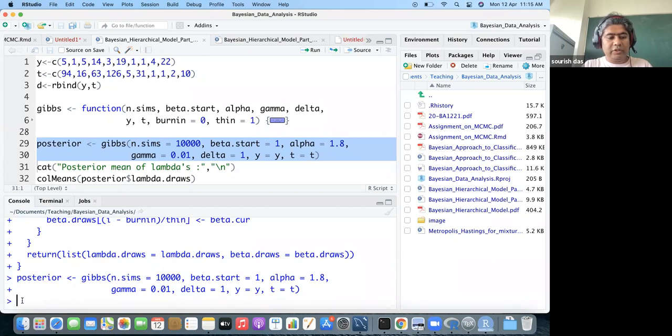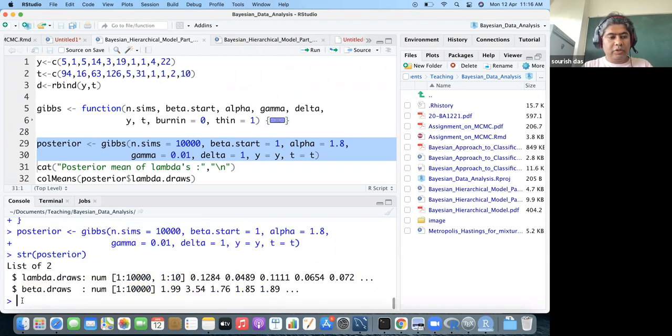Just a structure of the posterior. So you can see that there were two objects. One is the lambda draws, another is the beta draws. In the lambda draws, there are 10,000 simulated values, and with the 10, 1 to 10 pumps, for each pump one simulated value will be there, and for each iteration one beta draw will be there.